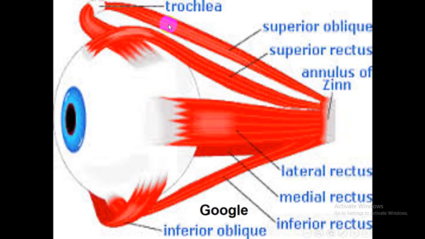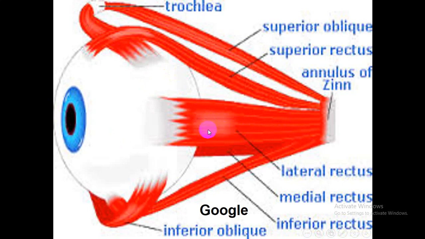The oblique muscles are the superior oblique and the inferior oblique. Now, the most important point is that all these muscles are supplied by the oculomotor nerve, the third cranial nerve, except two muscles: the superior oblique, which is supplied by the trochlear nerve, the fourth cranial nerve, and the lateral rectus, which is supplied by the sixth cranial nerve, the abducent.